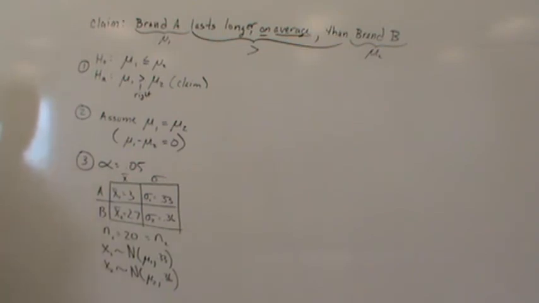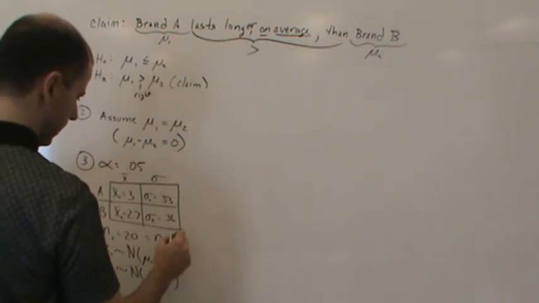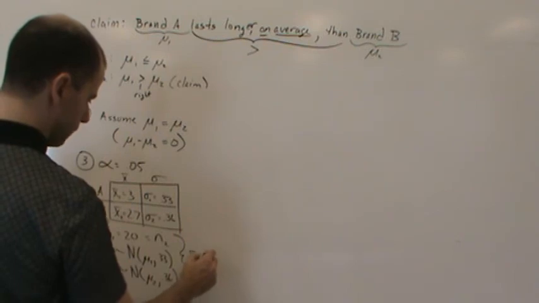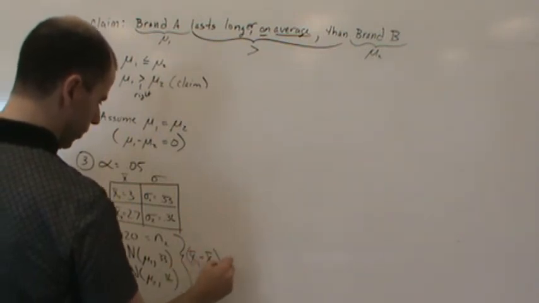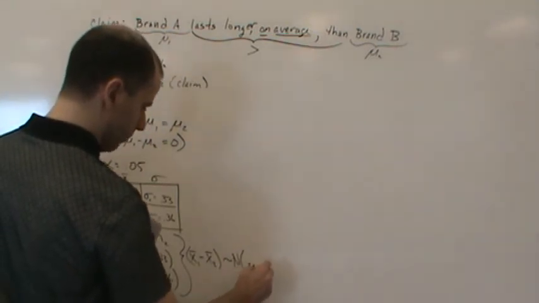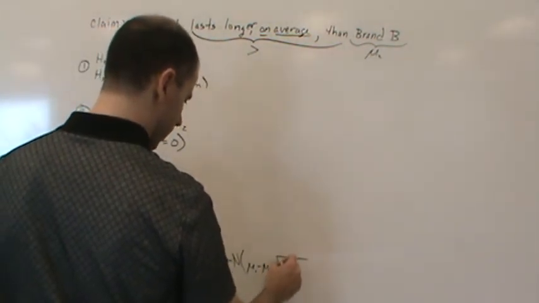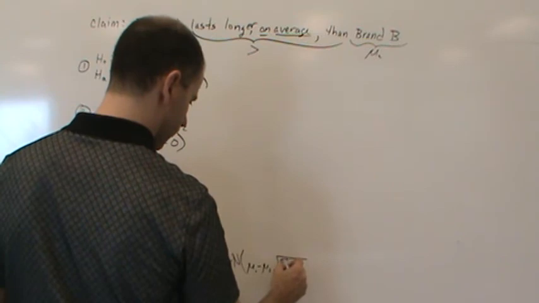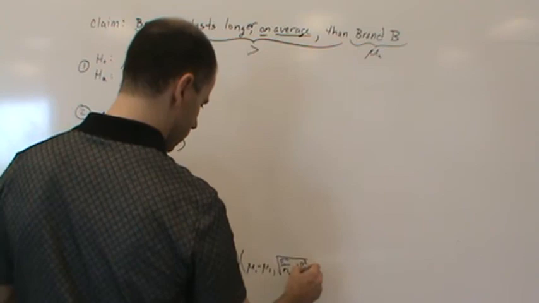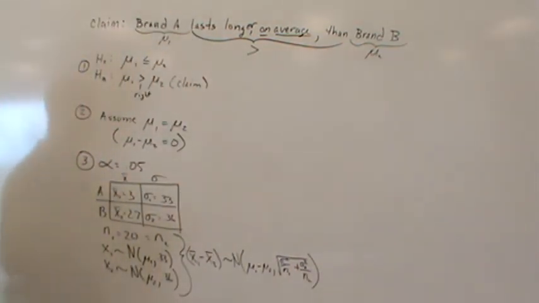So what this tells us is that x bar 1 minus x bar 2 is also normally distributed with a mean of mu1 minus mu2 and a standard deviation equal to the square root of sigma 1 squared over n1 plus sigma 2 squared over n2. And so that's what we're going to use for step 4.